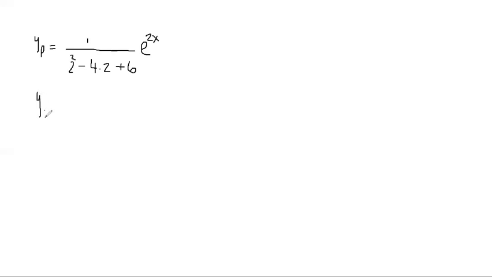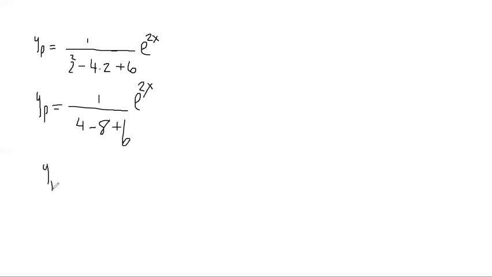So what we have now is yp is equal to 1 over 2 squared, which is 4, so minus 8, and we're going to have plus 6. And this is raised to e to the 2x.